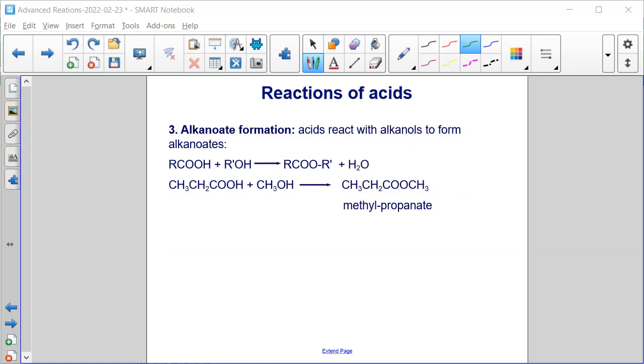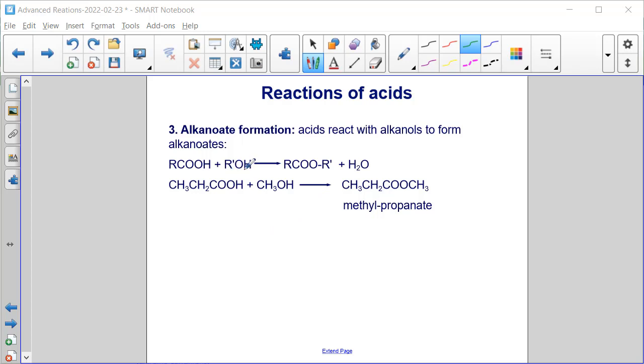The last reaction involving these alkanoic acids are the formation of alkanoates, or those are esters we talked about before. And so what happens is the acid has to react with an alkanol. Okay, so we have an alkanoic acid, so we have a C double bond O, OH group, and an alkanol, some other alkyl group with an OH on it. And what happens is we remove water.